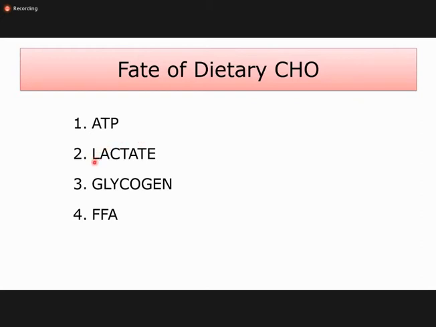It can be oxidized, degraded into lactate through anaerobic glycolysis, and the major source of anaerobic glycolysis is metabolism that goes on in red blood cells and skeletal muscles during strenuous exercise. Then the carbohydrate can be stored in the form of glycogen, or it can form free fatty acids, or it can contribute to the formation of triglycerides.